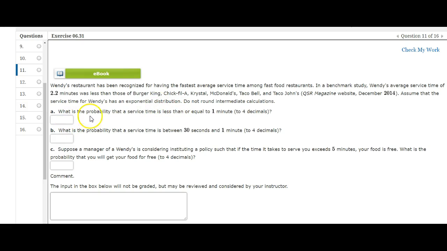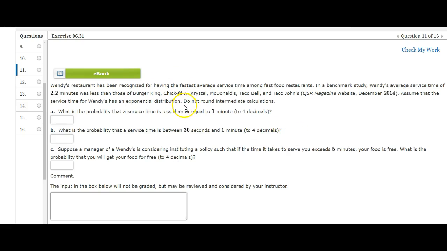So first, we want to know what's the probability that the service time is less than or equal to 1 minute. We want that to 4 decimal places. Next, the probability that the service time is between 30 seconds and 1 minute, again, to 4 decimal places.